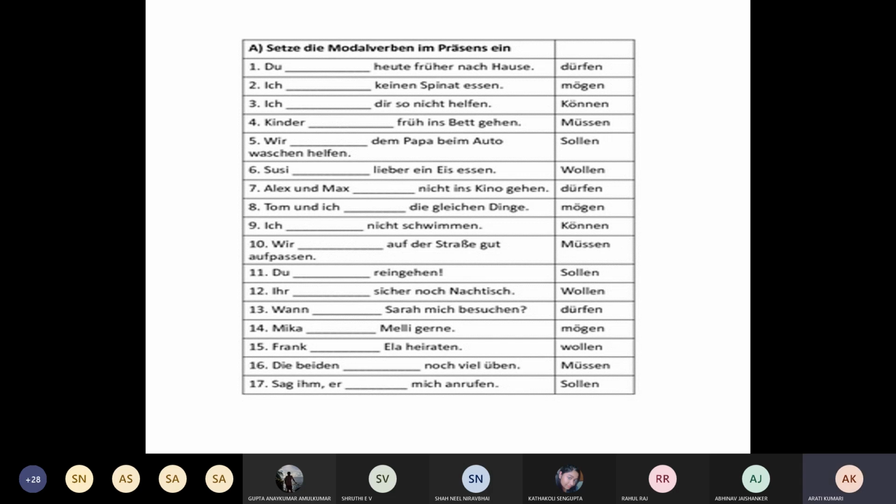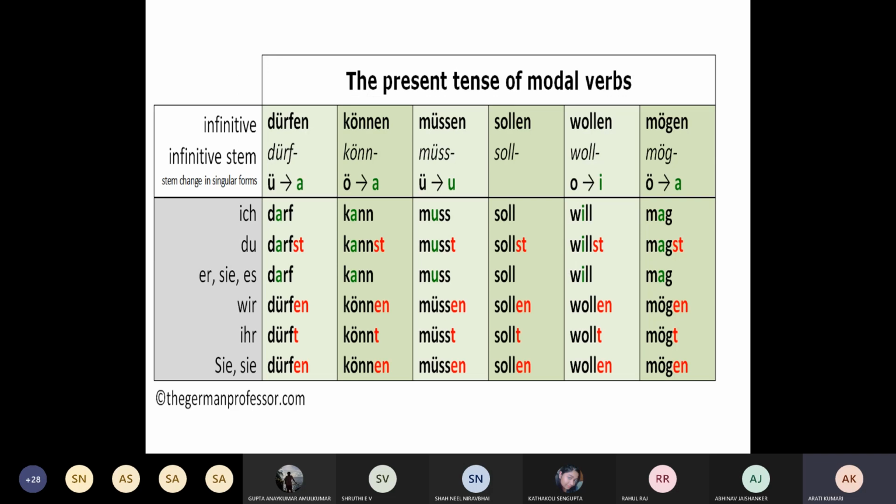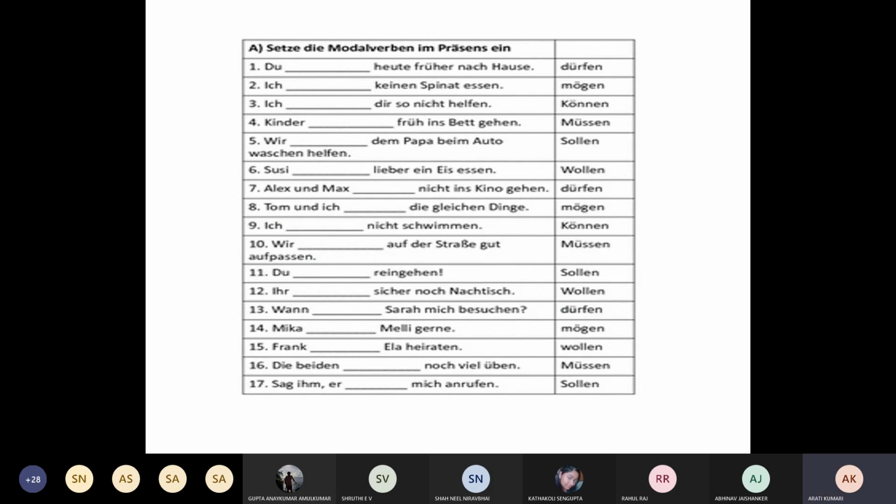So we have to conjugate the verb dürfen for du. If you don't remember, you have to go back here. So how is dürfen conjugated for du? Second one, darfst. So here we are going to put: Du darfst heute früher nach Hause.